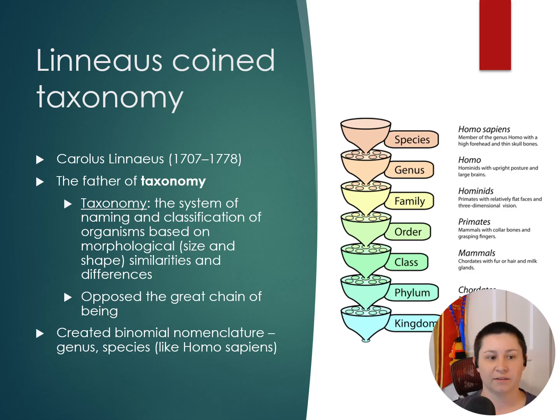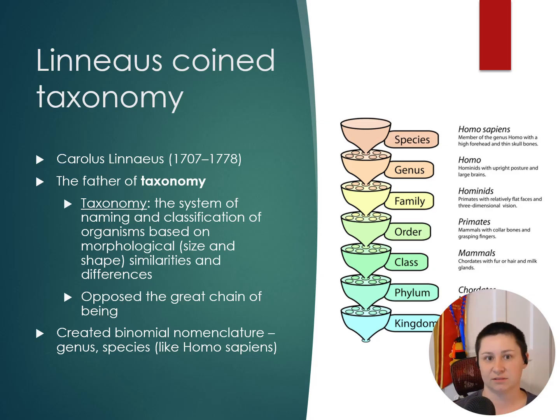So now we have Carolus Linnaeus, who was alive from 1707 to 1778. He's considered to be the father of taxonomy. Taxonomy is the system of naming and classification of organisms based on morphology, and morphology is like size, shape, color, form, things like that. What something looks like is morphology.